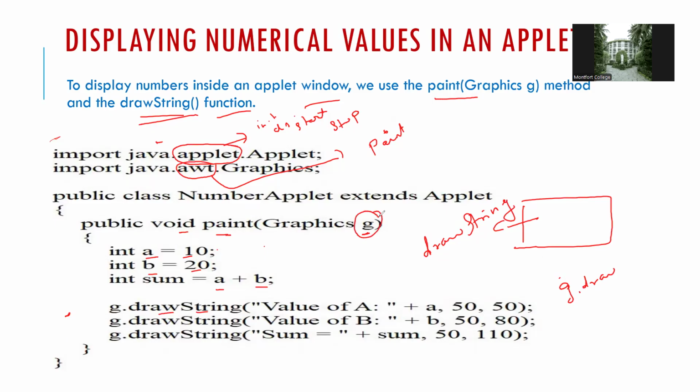You can put q also here, no problem, but if you put q here, we have to change it to q everywhere. So g is an object, and by using that object we call the drawString function. The first word is completely lowercase, and the second word begins with uppercase. Then the a value, b value, and sum. Here we are getting 50 and here 110.